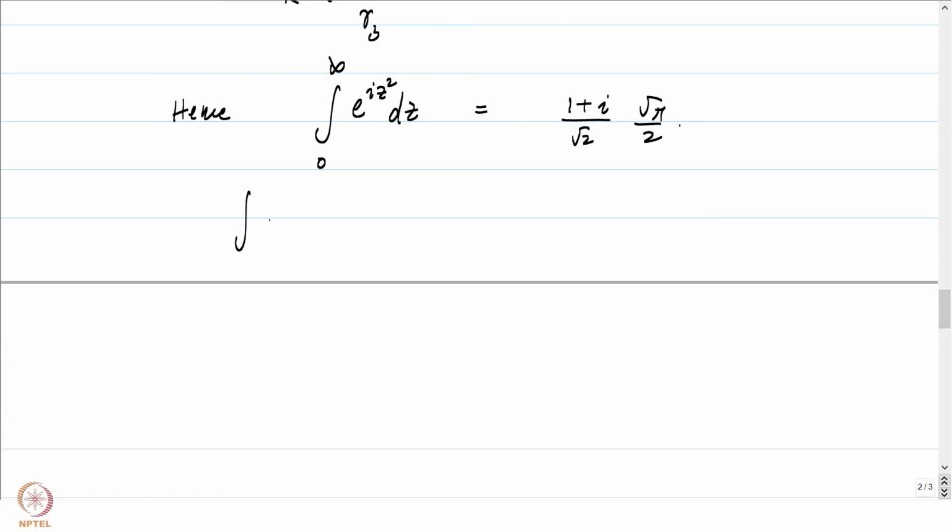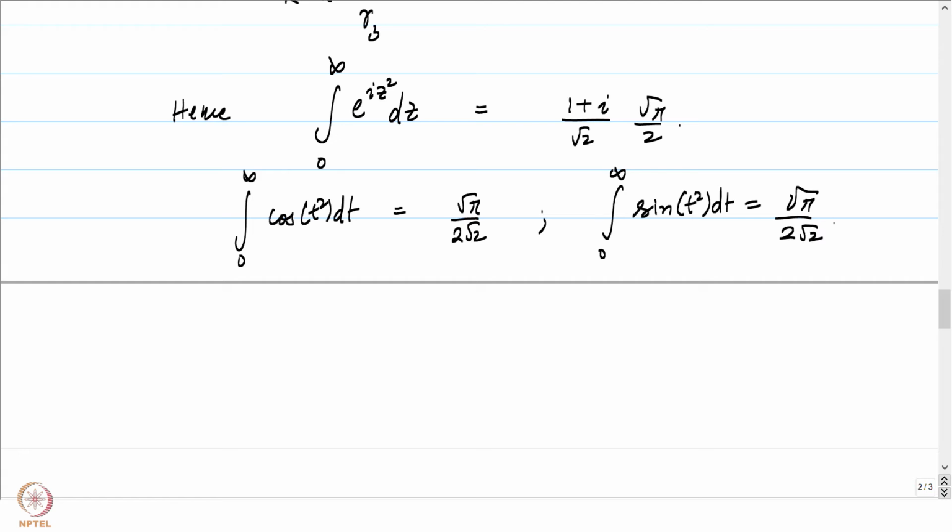Therefore, the integral of cos t square dt from 0 to infinity is equal to root pi by 2 root 2. So is the case with the integral from 0 to infinity of sine t square dt. So we have computed the integral.